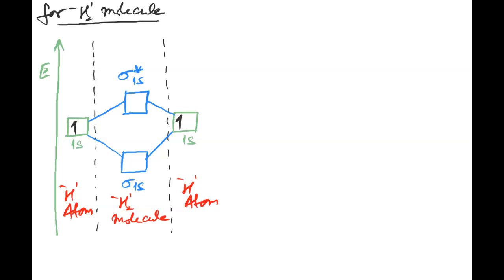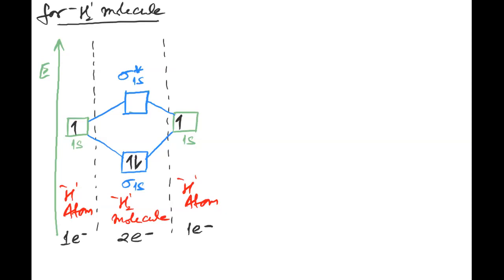So in total it consists of 1 electron and 1 electron each, so 2 electrons here. Now these 2 electrons can be present somewhere like this in sigma 1s, and 0 electrons in sigma star 1s.